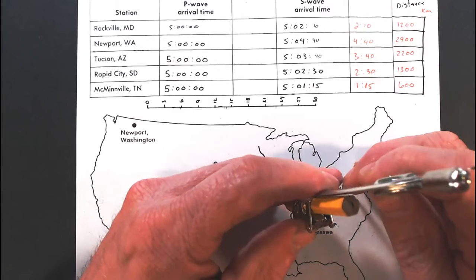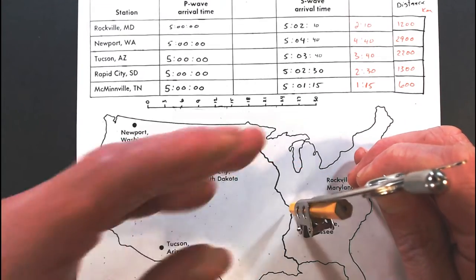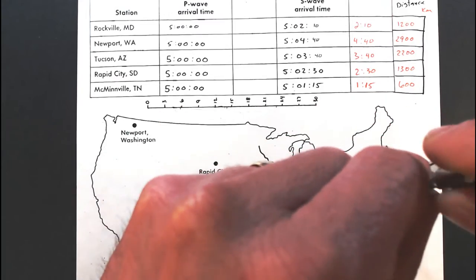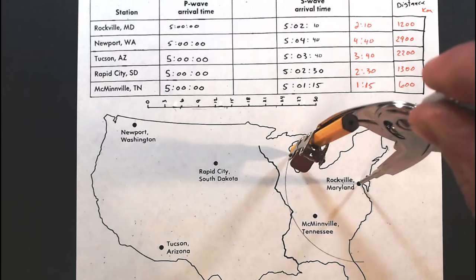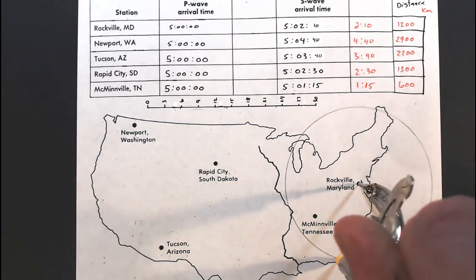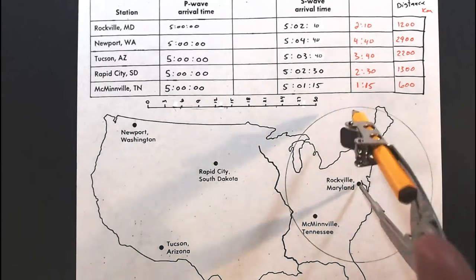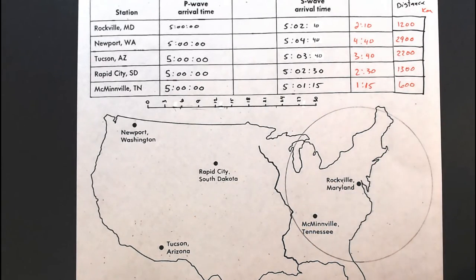So we're going to put this about right there. And what we do is we just draw a circle around. And that is 1200.